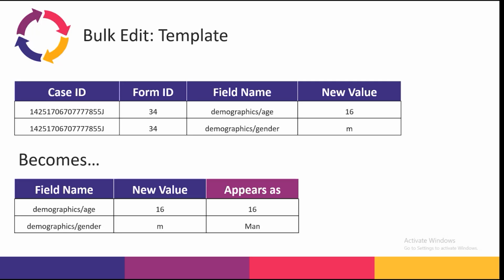Male and female would be the labels, and they're coded in COBOL as M and F. So you want to put that M, which denotes male. So as you can see at the bottom, you'll have the new value appearing as 16, because that's just an integer field. And as you inputted M, that would appear as the label, which is man.